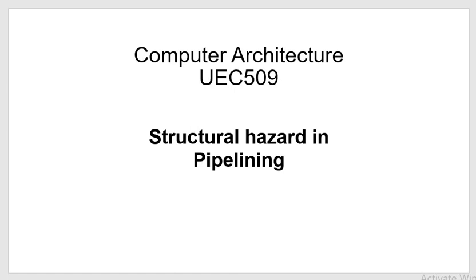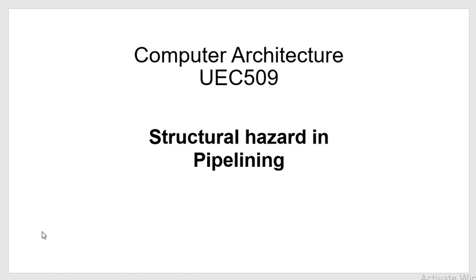After that, we discussed the different problems and hurdles, why those hurdles occur, and what the different types of hurdles are. We have already discussed the three types of hurdles, also known as hazards in technical terms: structural hazard, data hazard, and control hazard.